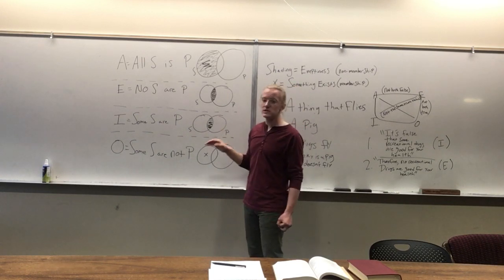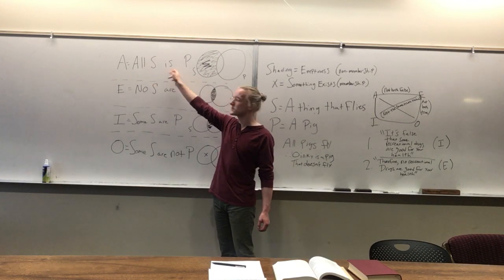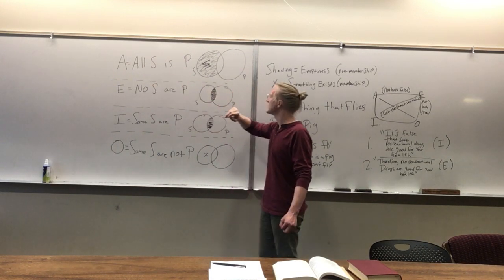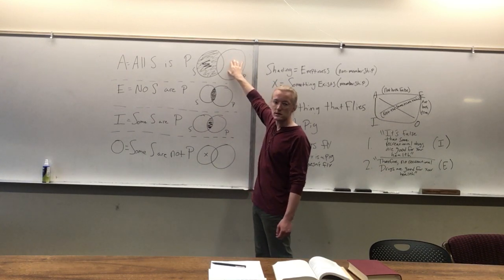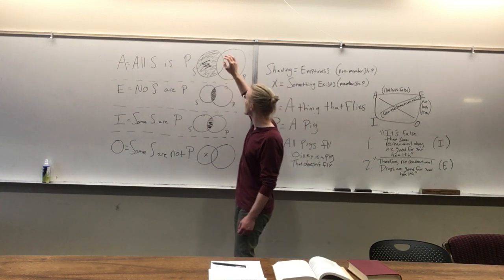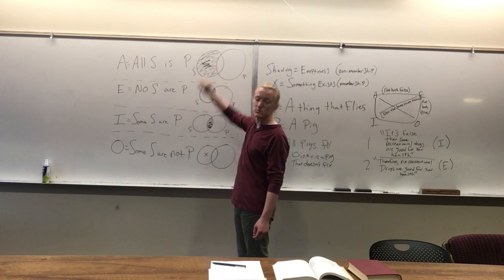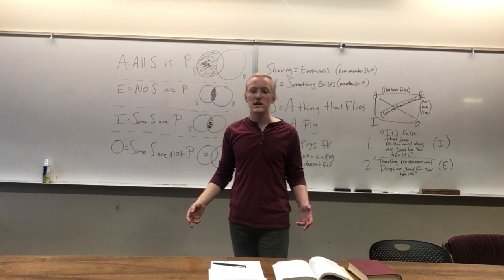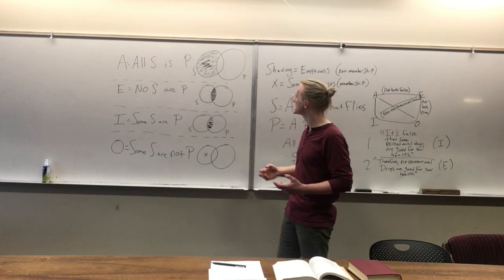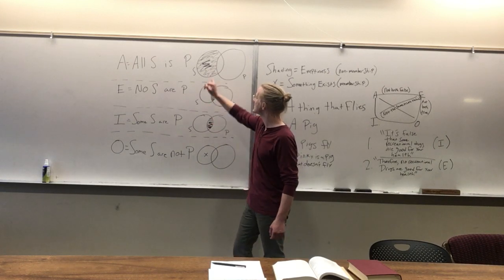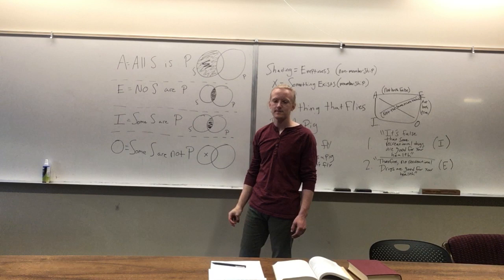And what we want to do to represent this, to say all things that fly are pigs, is not to draw the conclusion that there exists a pig that doesn't fly, or that there is a thing that exists that's both a thing that flies and a pig. Rather, because there's no existential import in our universal statements, what we're going to claim instead is that it's impossible for anything to exist here, and so we shade it.